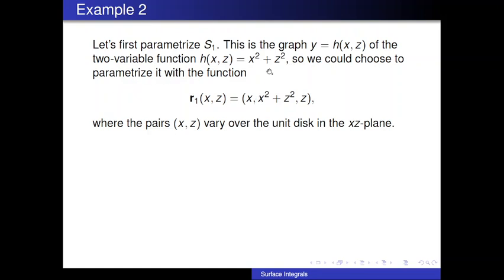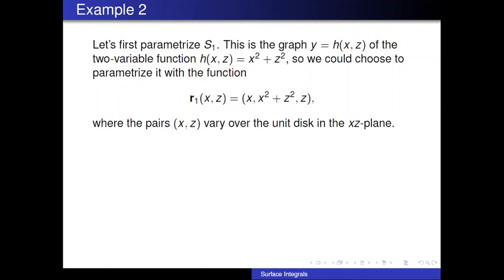So we could choose to parameterize it with that graph-of-a-function trick that we learned in the first video of today's lectures. We'll let x be x and z be z, and then y is x squared plus z squared, the function at hand, where the pairs again vary over the unit disk in the xz plane.